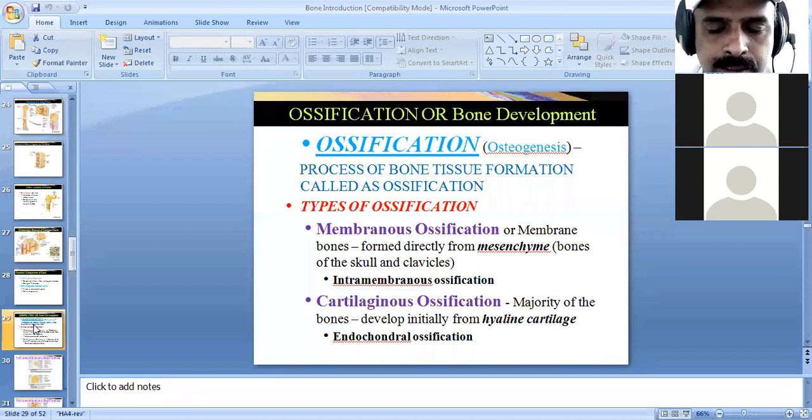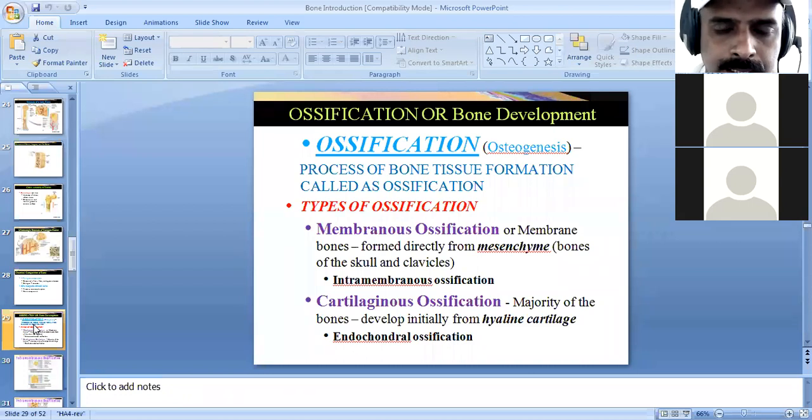Postnatal, after birth, bone growth and development also take place. That process we call ossification. One thing you should clearly understand: osteogenesis, osteo means bone, genesis means formation. Ossification is the process of bone tissue formation, the process of development of complete bone.